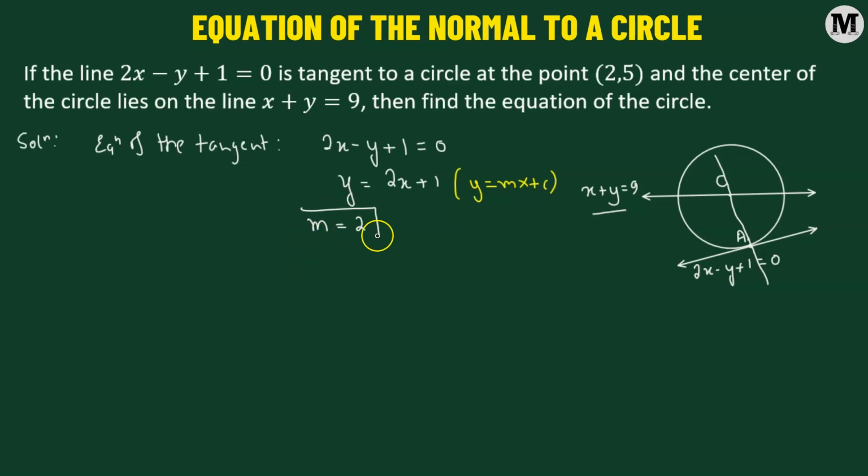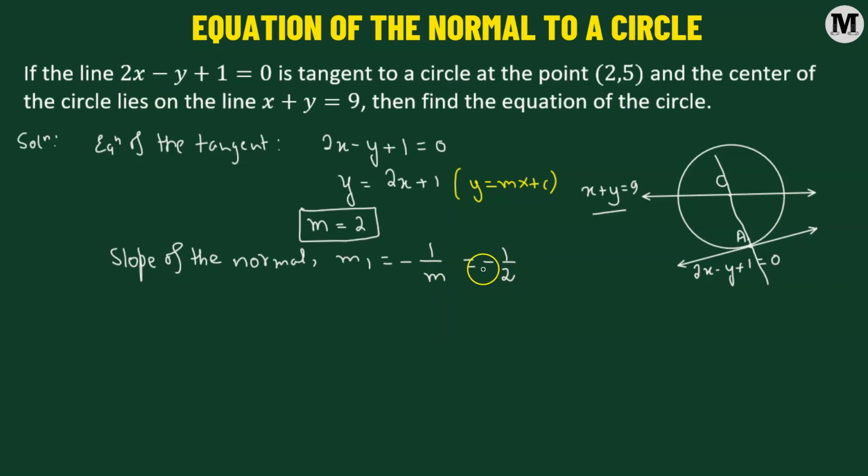That's the slope of the tangent line. Now we can easily find the slope of the normal line, because the tangent line and the normal line are perpendicular to each other. If we call it m1, it will be the negative reciprocal of the slope of the tangent line, so it equals negative 1/2.